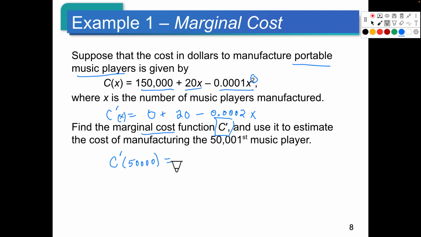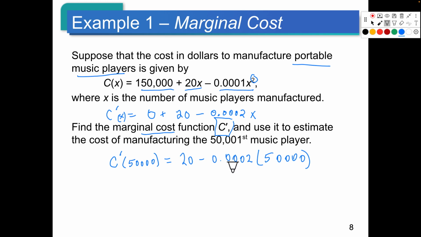Okay, because that's going to give us that slope at 50,000. It tells us what that next cost is going to be. So we just take our derivative, which is going to be 20 minus 0.0002 times 50,000. 2 times 5 is 10, right?